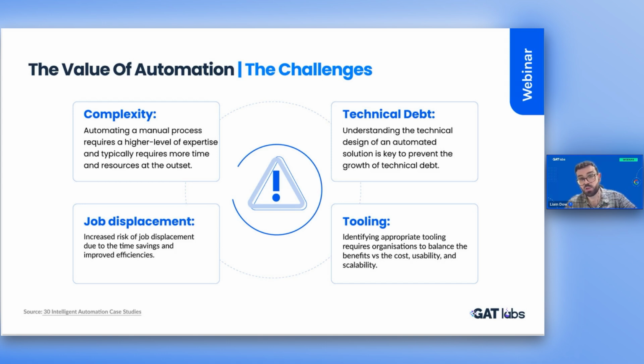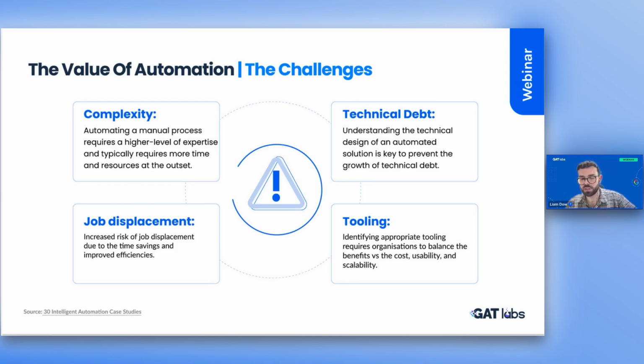And then tooling. So, actually finding the right tool, the right solution to automate something. There are lots of ways to accomplish the same goal, and finding the right path and taking the right option to actually do it is difficult.